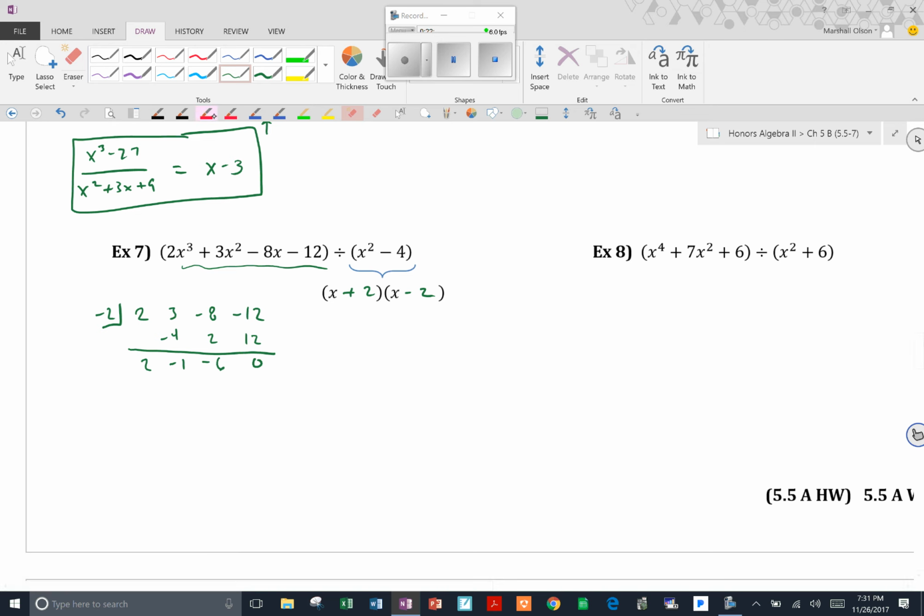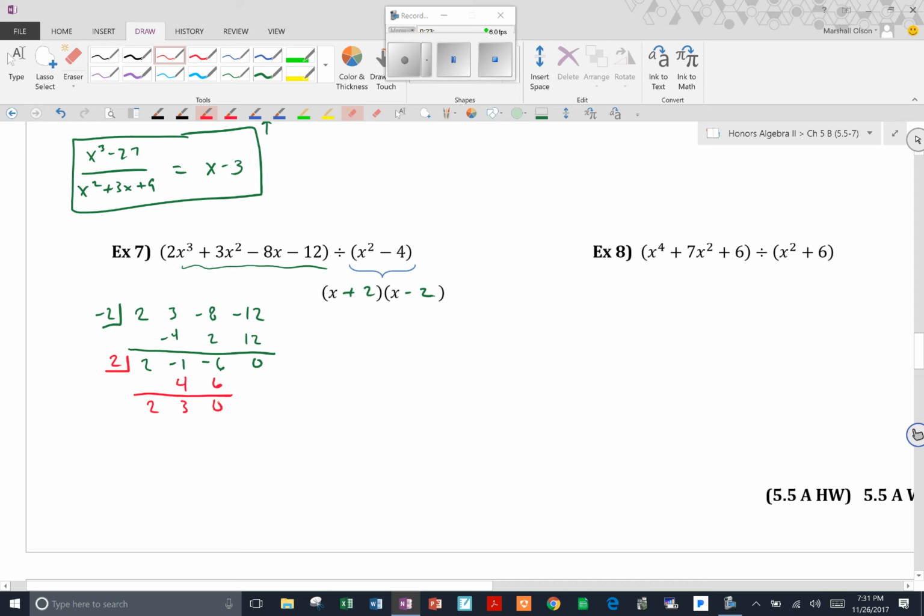Now I'm going to do synthetic division on what I'm left with right there. So I'm just going to use that same line of numbers and do synthetic division right there. Now I'm essentially dividing 2x squared minus x minus 6 by x minus 2. Drop it, multiply, add them together, multiply, and we get a 0.